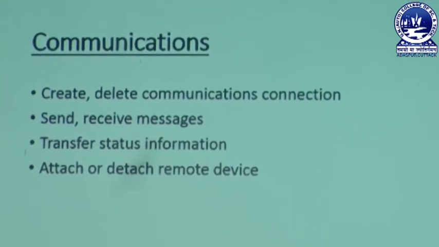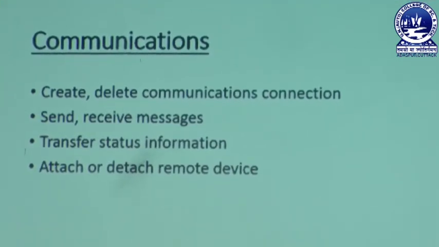Next is communications. Communication is a very important thing that must happen between many processes. There are many processes executing in your system, and they should communicate with each other for synchronization, for sending their execution status or any other work.